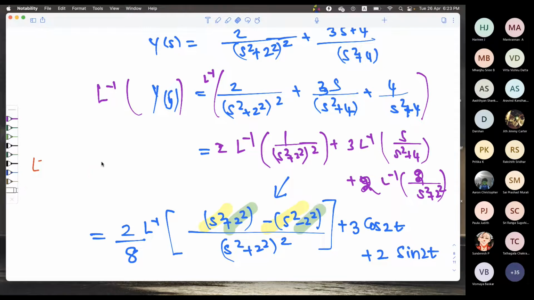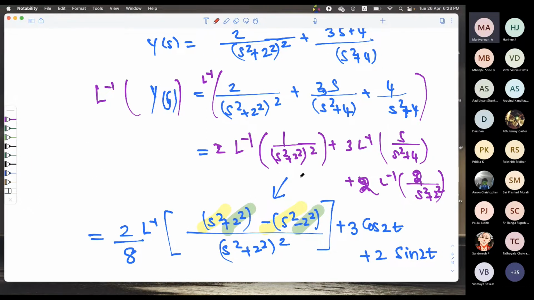Yes, sir. Okay, now since the square is there, if I apply partial fractions, then again it will be very lengthy. So to avoid that, to get 1 in the numerator, what we do here is s square plus 2 square minus s square minus 2 square. So what will be the answer?